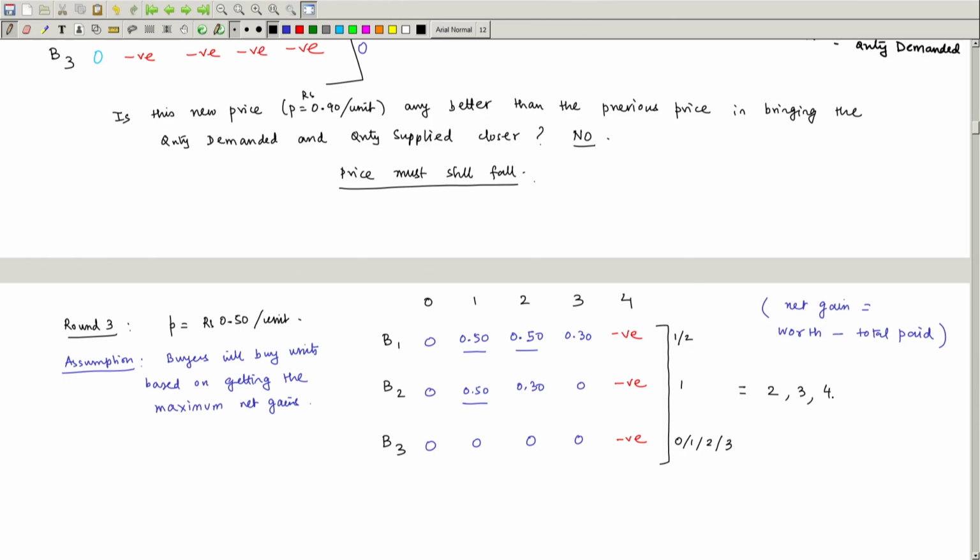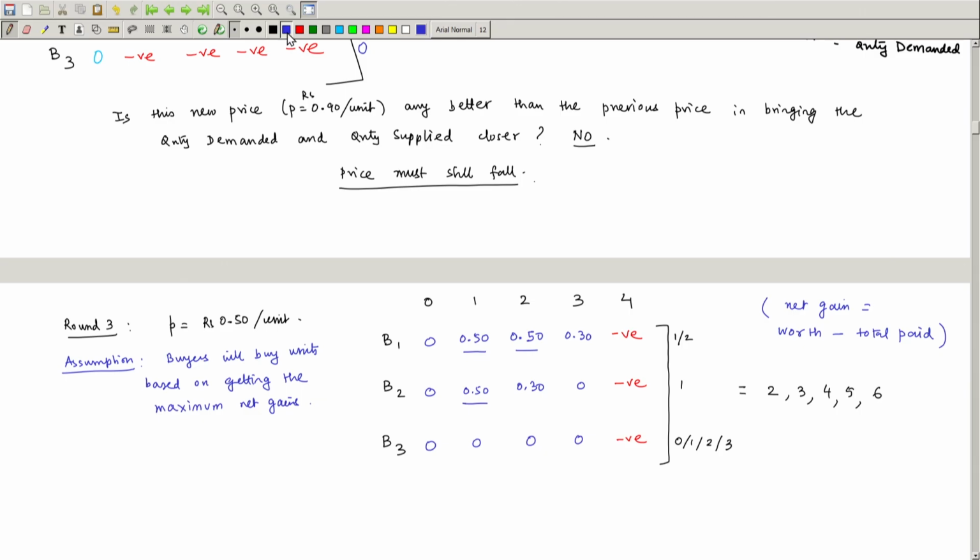So, that is 4, right. Similarly, you can say 2 plus 1 plus 2 is going to give me 5, and the max that I can reach is 2 plus 1, 3, 3 plus 3 is 6, right. So, the takeaway is that in round 3, when I took a price of 0.5 per pencil, the quantity demanded is a number as small as 2 units, and it could be as large a number as 6 units.